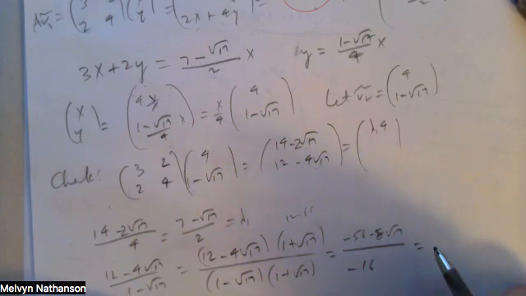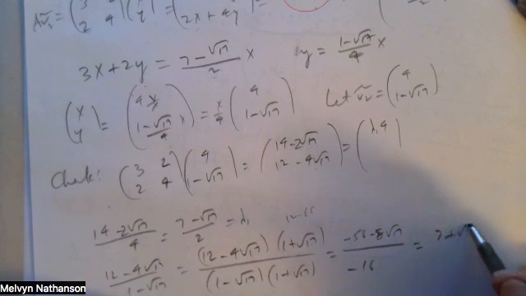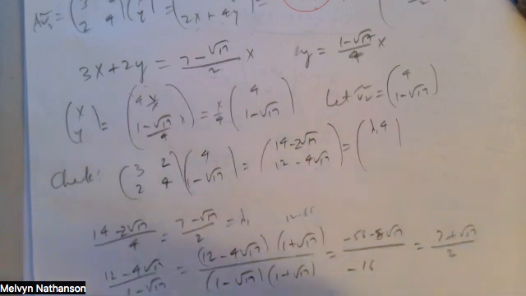Divide everything by minus 8. This is 7 plus root 17 over 2. Let's see, I think I have the sign wrong somewhere.